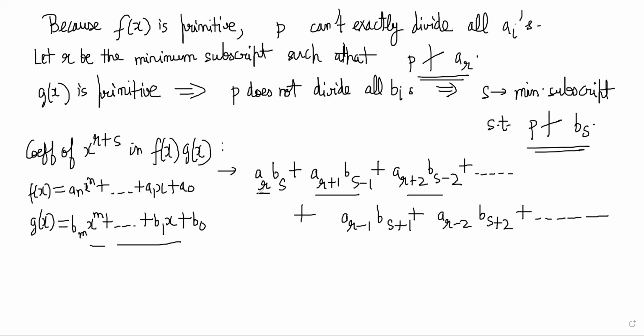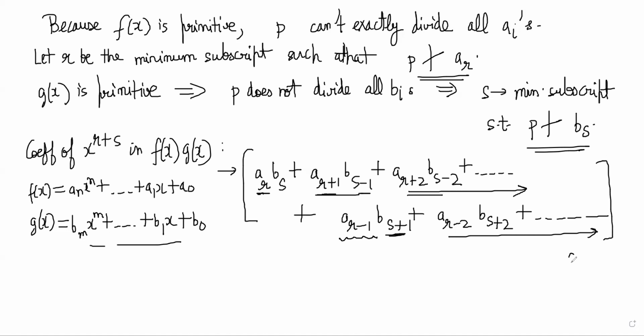Here we were saying r and we are increasing r and decreasing s, and that sequence of terms. And now we are decreasing r from a_r b_s and increasing s, and that sequence of coefficients, right? So once you reach the end, you will basically be able to conclude that these are all the ways in which you can get the coefficient of x power r plus s, right?